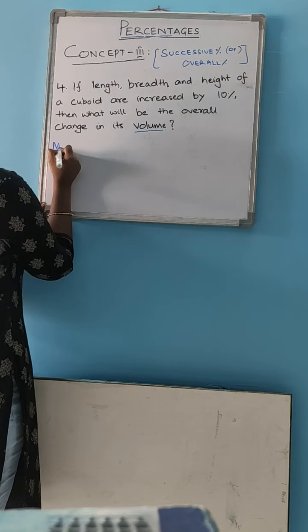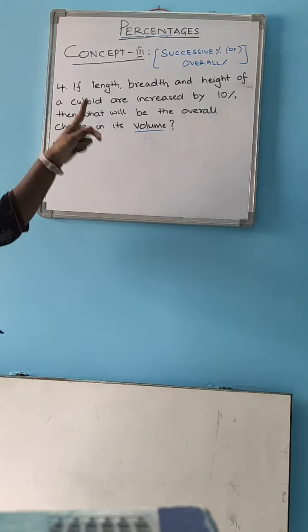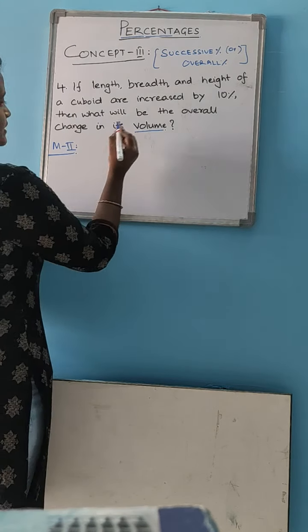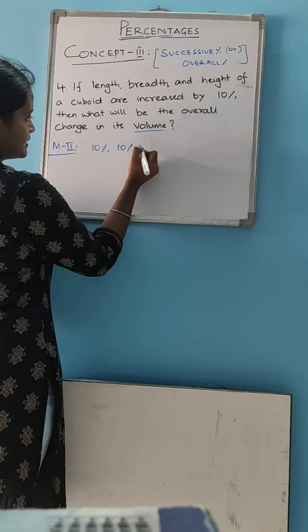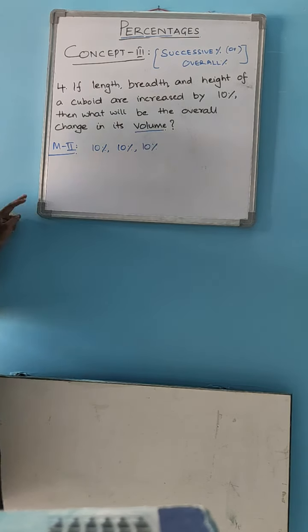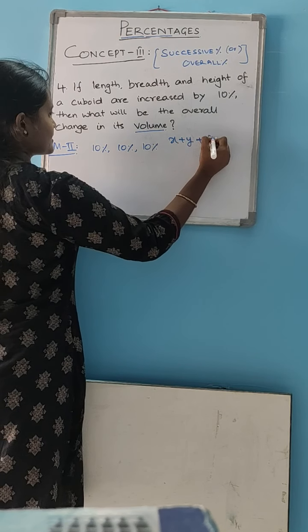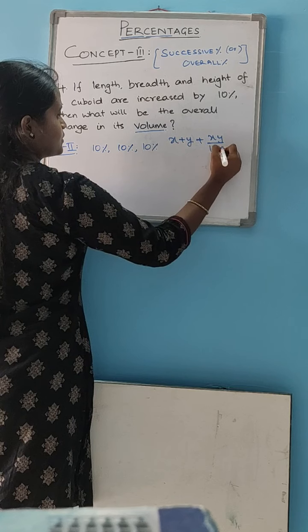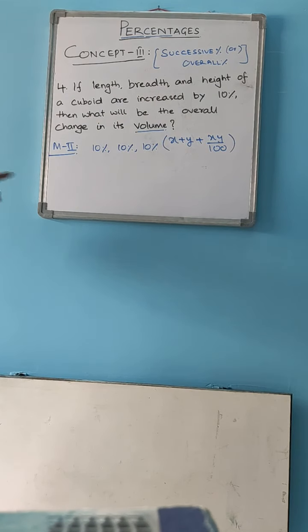I am going to solve this using the second method. Now there are three values: 10%, 10%, 10%. But in our formula in the second method, we have only two parameters. That means to solve this problem, initially we have to take two values only.